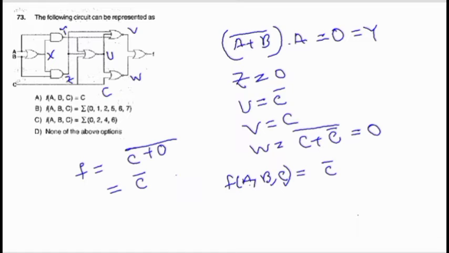So let's write it in SOP form. C bar A plus A bar B plus B bar. So you can write it in this way.